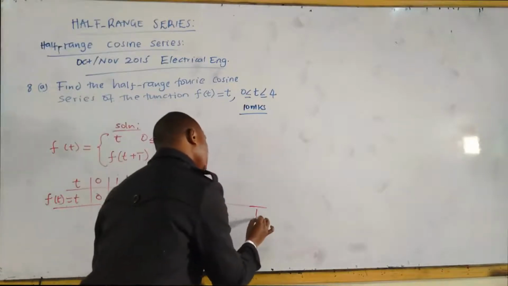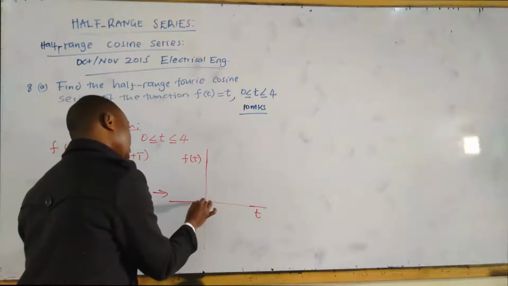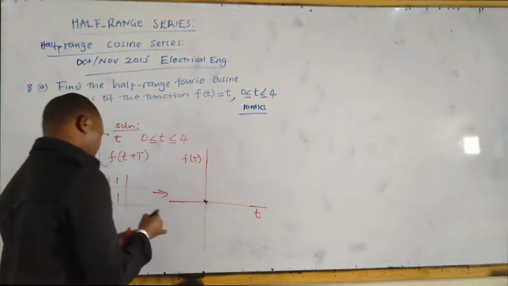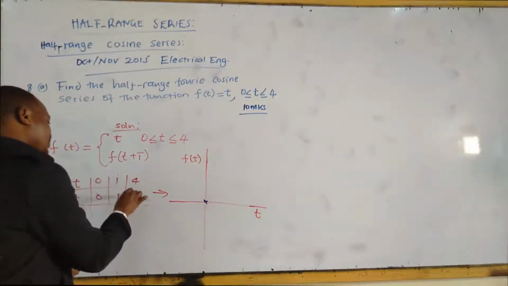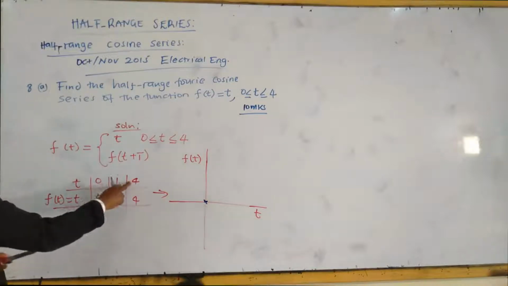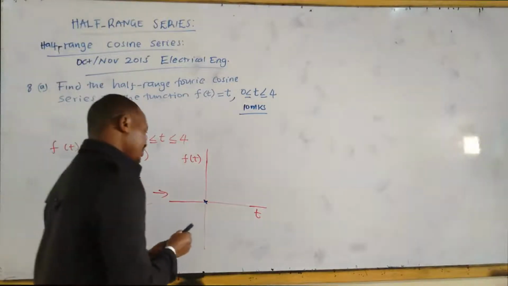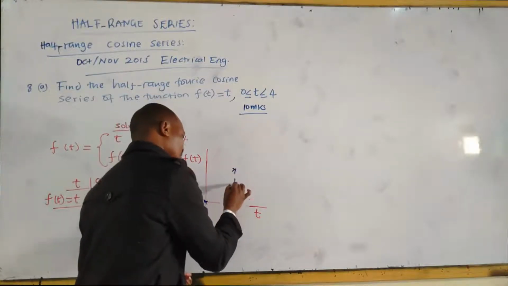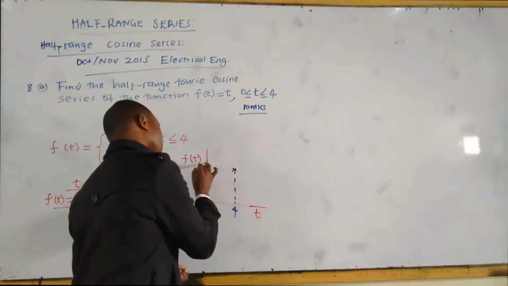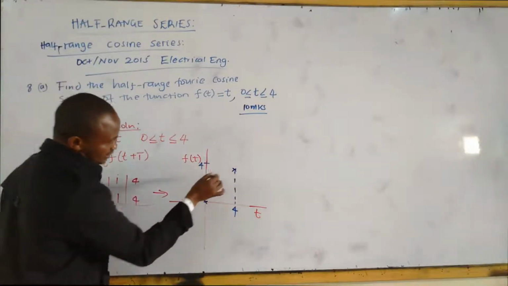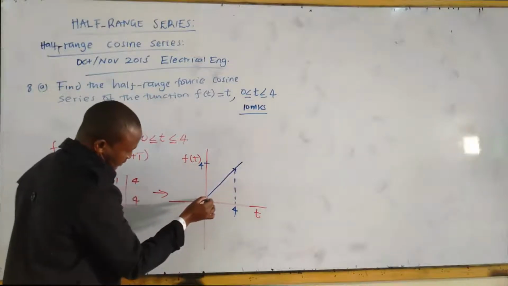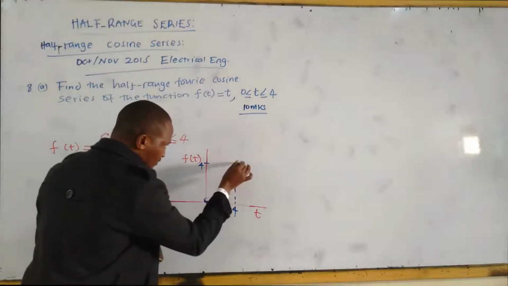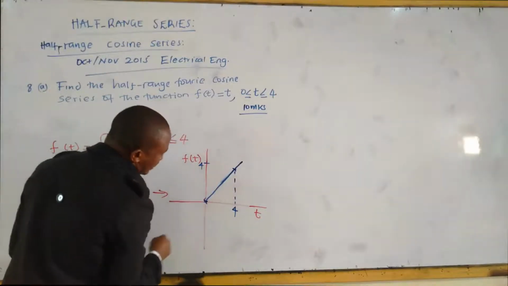This is t. At t equal to 4, we put 4 here. This is 4, this is 4. So we can see this is a straight line passing through the origin.